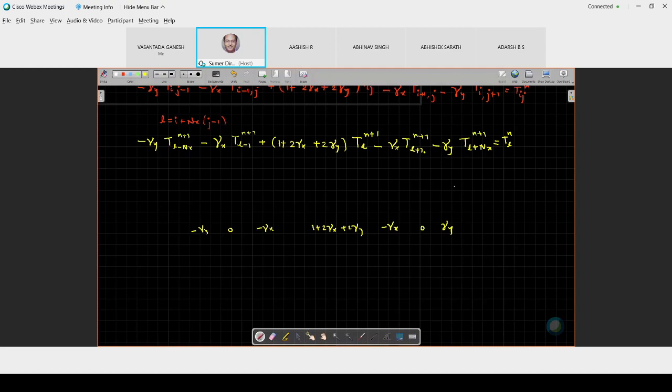So this is the general form of your matrix, pentadiagonal, and you have TL starting, and then you can have T1 to TL to finally N. Final N is Nx into Ny.